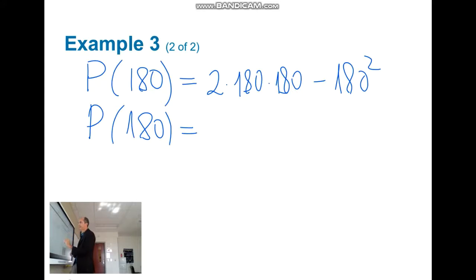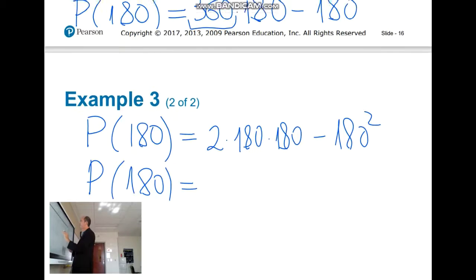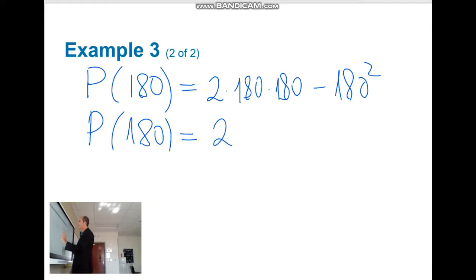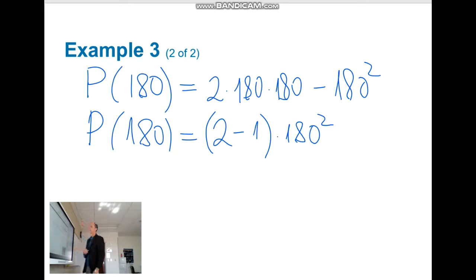I'm trying to do it just by factoring and simplifying. We will have 2 minus 1 times 180 squared. That's going to be just 180 squared. Now you can get your calculator and find the result.